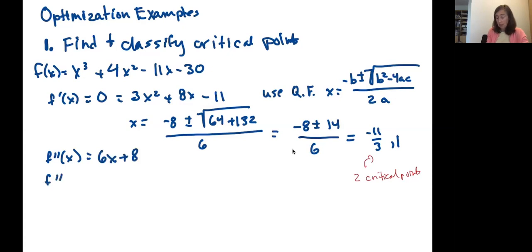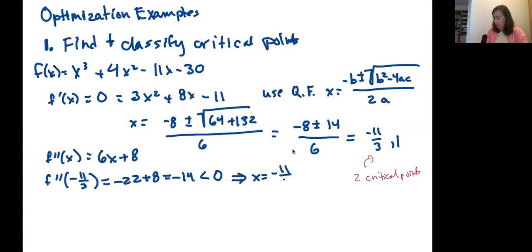Evaluating that second derivative at my first critical point, negative 11/3, gives negative 22 plus 8, which is negative 14. The only really important thing about it is that it is less than 0, which means that x equals negative 11/3 is a local max.